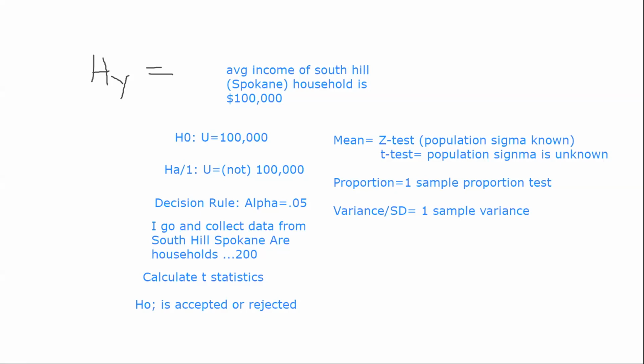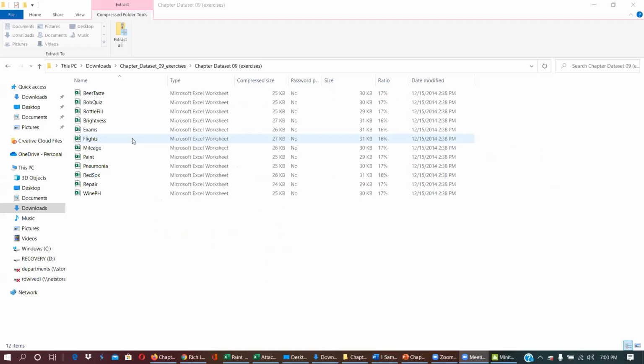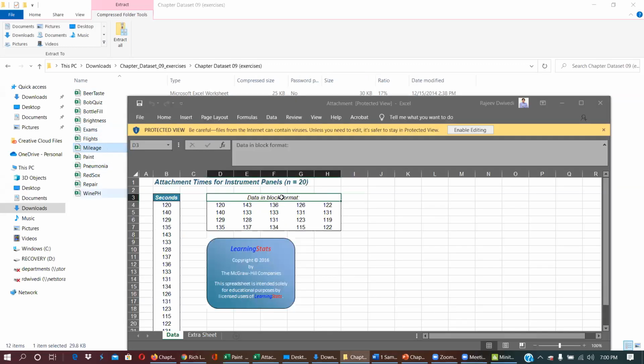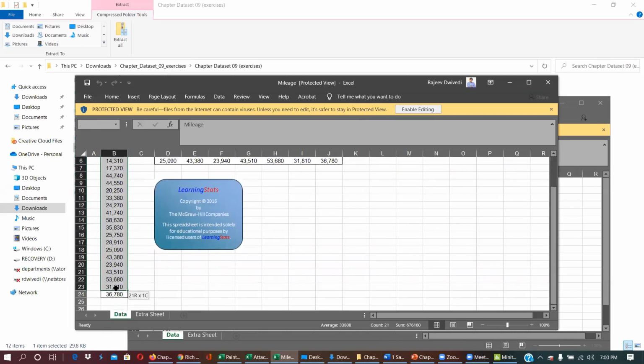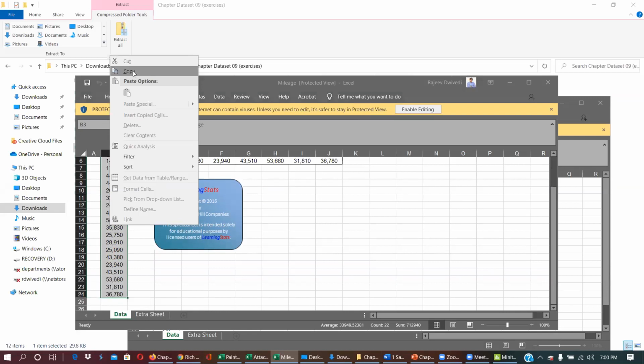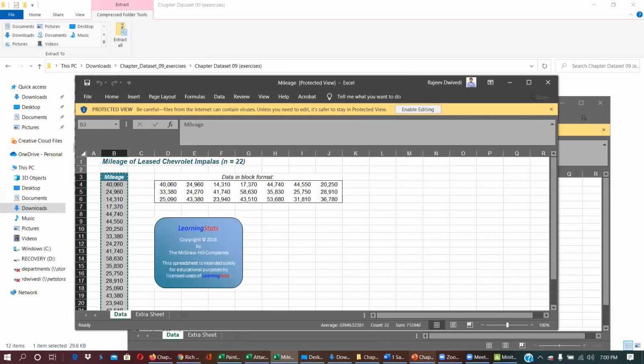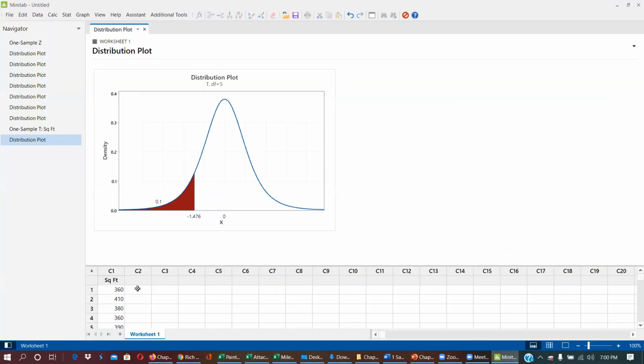Now, so I have the mileage database. And so can you see my screen?